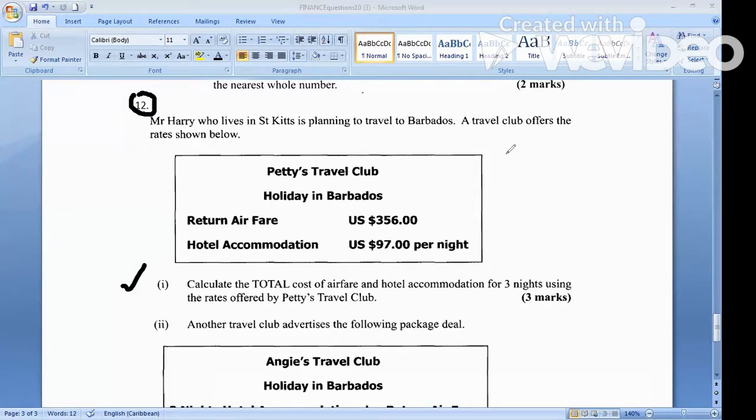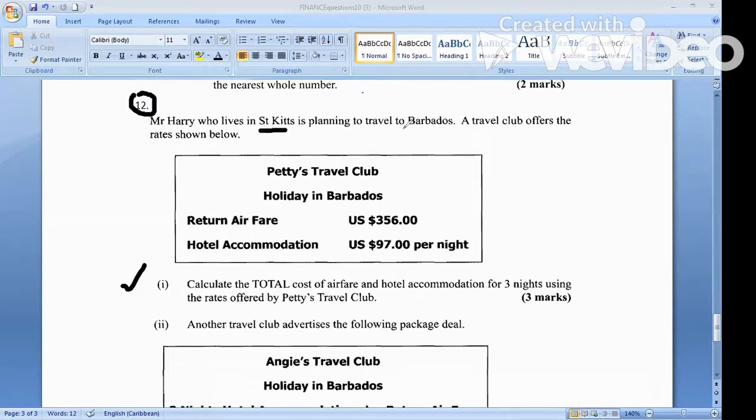All right, sir. So first, we already know the airfare, right? So it says that because it's 3 nights, you multiply 3 times 97, and then you add it together. Because where do you live?